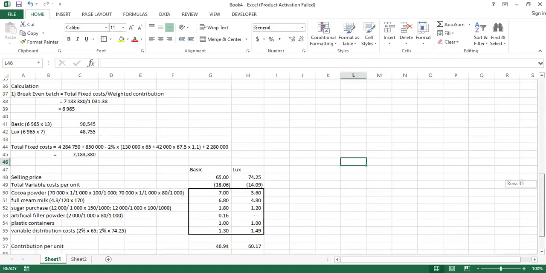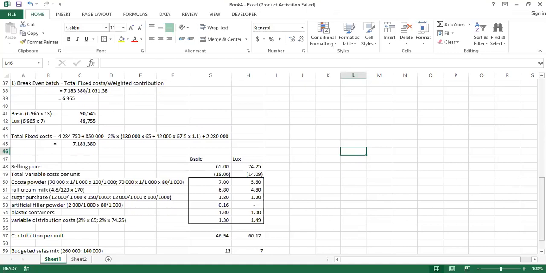So what we basically did today, besides rounding it all up and summing it all up, is break-even analysis. The aspect of contribution is very important. It's part of variable costing accounting or marginal costing accounting.